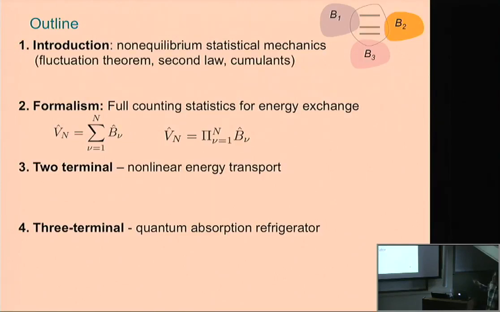We are going to consider two cases. The actual environment is decomposed into several thermal baths. One model will be additive in these interaction operators, and the other one will be given the total interaction operator of the bath as a product of these B operators of each bath. Just for simplicity, I'm assuming here that these operators are Hermitian, but in the paper with Chava we went beyond that.